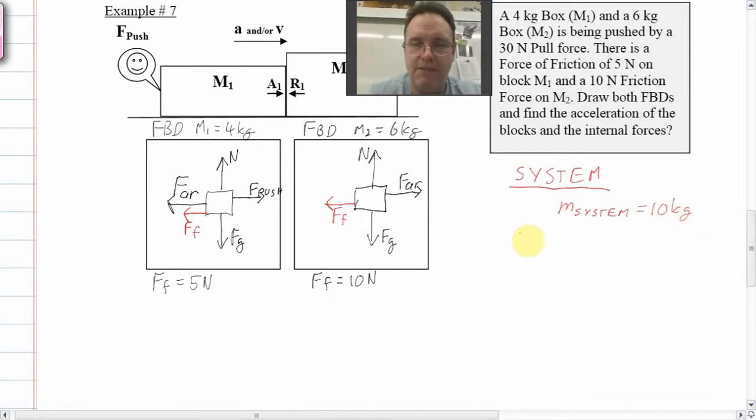And the sum of the forces on the system: the direction of motion is in this direction, and the normal forces cancel out the force of gravity. That's why they stay on the surface. So we have a push force in that direction and 2 frictional forces in the opposite. We ignore the FAR because they push and pull the same amount, opposite, and cancel each other out.